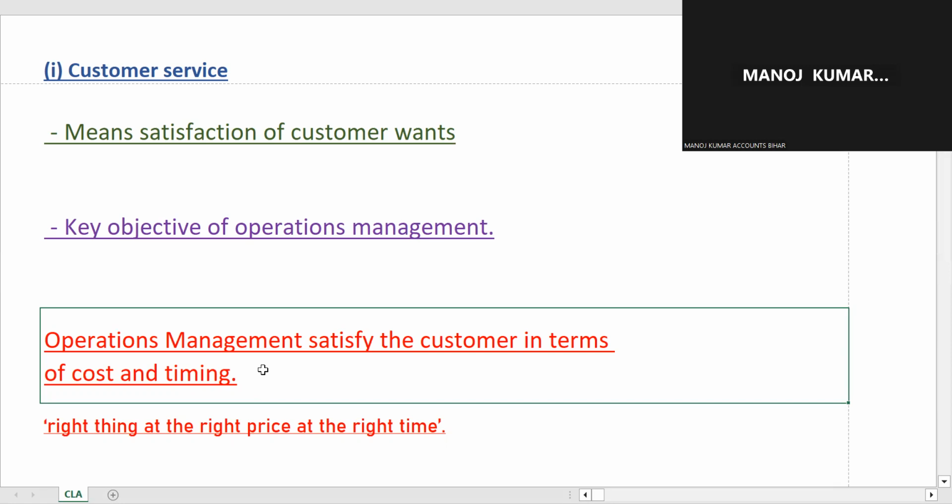Whatever he is charging is within your limit, so he has satisfied you in terms of cost. For one cutting he is charging, let's say, 100 rupees, and you are okay with it, with whatever quality he gives. So you are satisfied with cost.